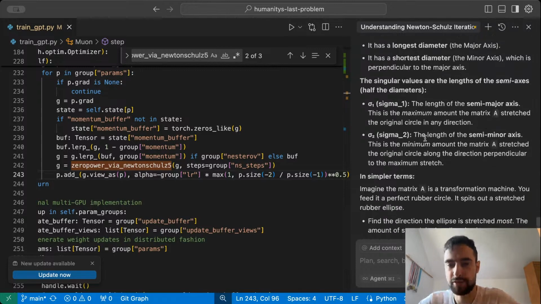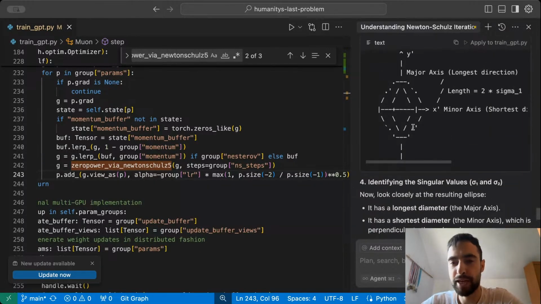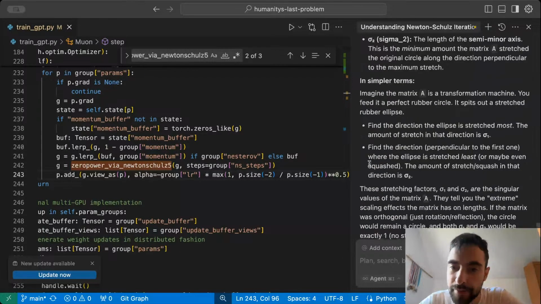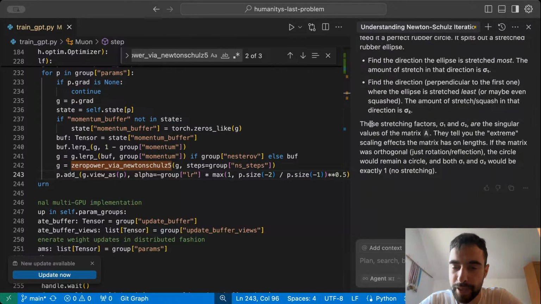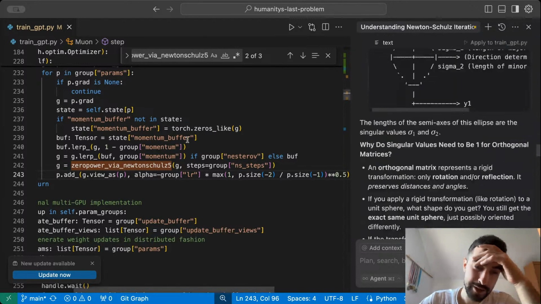Those are singular values. Okay, that's why it's called singular value decomposition. So if you rotate, yeah, anyways, I don't want to confuse you. Okay, I think we get it. We get this now. Oh my god, we get this now.